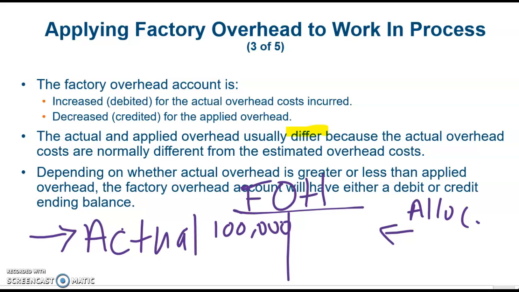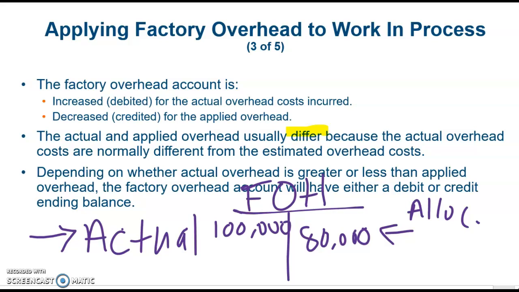And then every time we allocate it to our job, in other words, every time we move it into work in process, we're going to credit it. So let's just say we have total credits of $80,000 of overhead allocated.